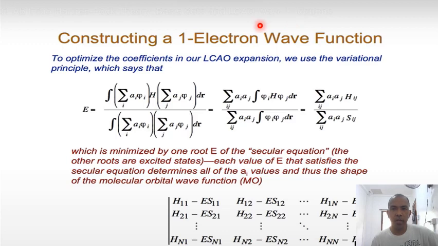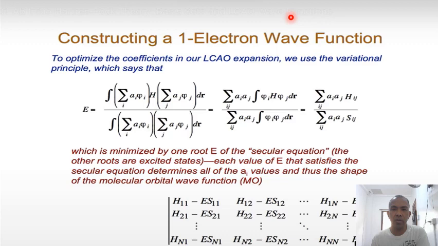We will evaluate the energy by looking at the expectation value of the Hamiltonian, and in case they're not normalized, we will divide by the overlap integral of the individual molecular orbitals. As we've already discussed in the semi-empirical theory, in order to minimize this energy, which is our goal, we want to solve the secular determinant equation.